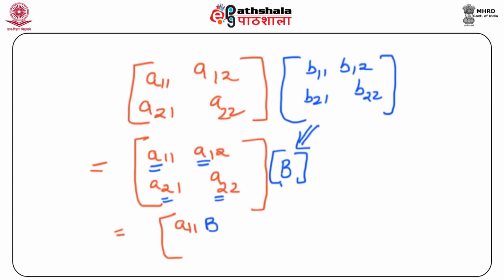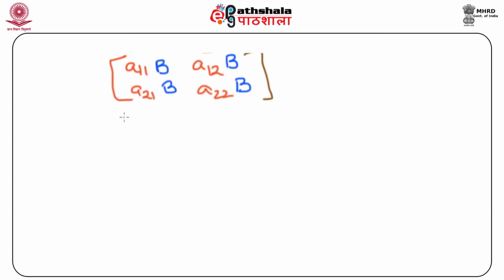Similarly, you can have A12 multiplied by B, A21 multiplied by B, and A22 multiplied by B. So we take this earlier expression and expand it.